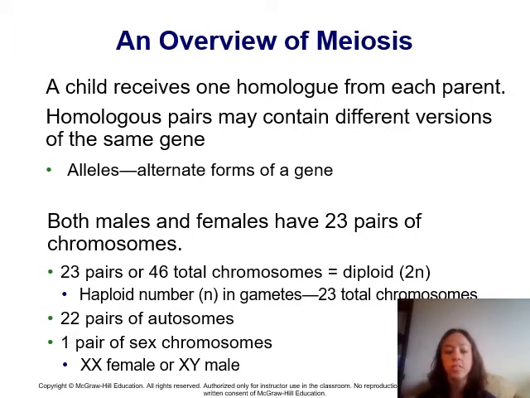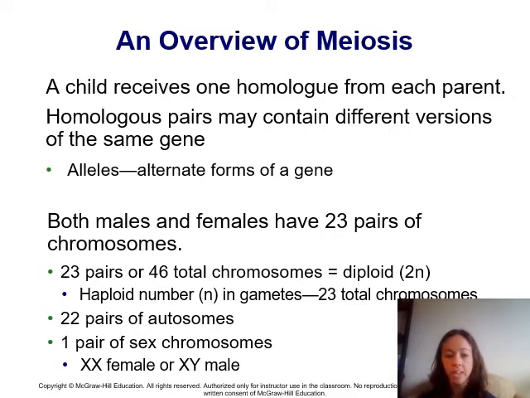Both males and females have 23 pairs of chromosomes, or a total of 46 chromosomes, which means they are also called diploid cells. And diploid is represented by a 2 and a lowercase n. So pretty much all the cells in your body are going to be diploid cells.